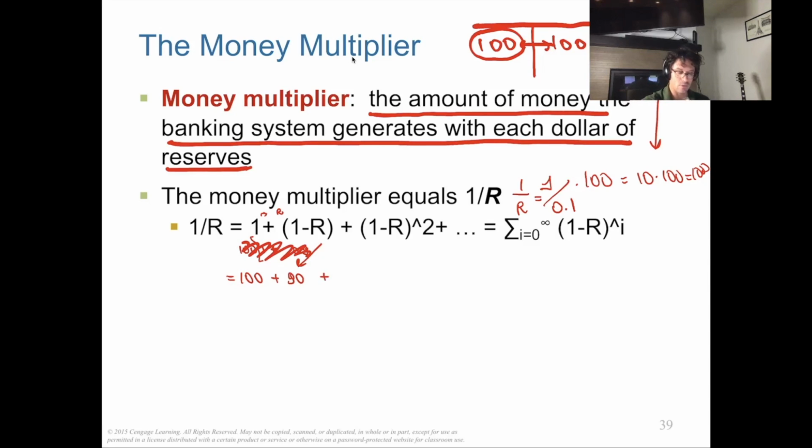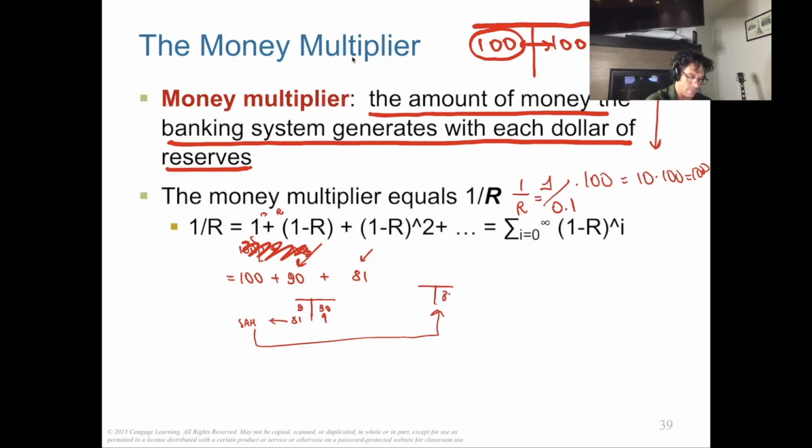Then someone went to a bank and introduced $90; 9 went into reserves, and 81 was reintroduced in the system. This 81 went to Sam. Sam went to his bank and repeated the same job.